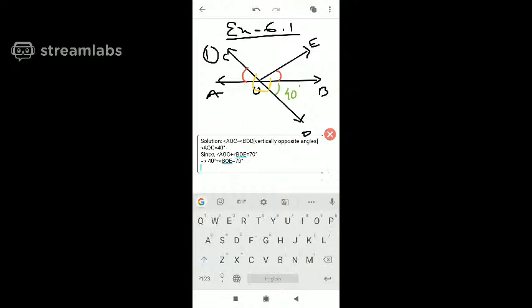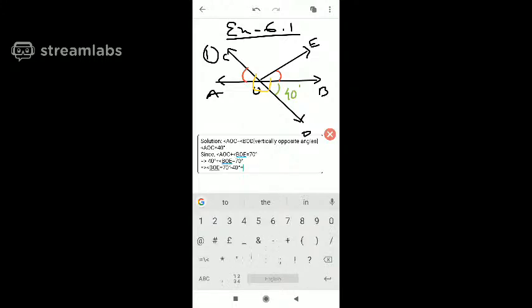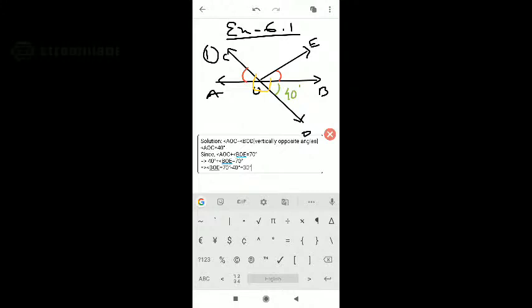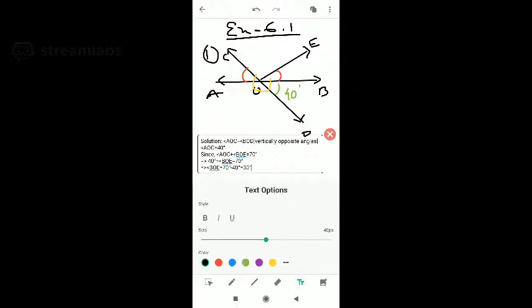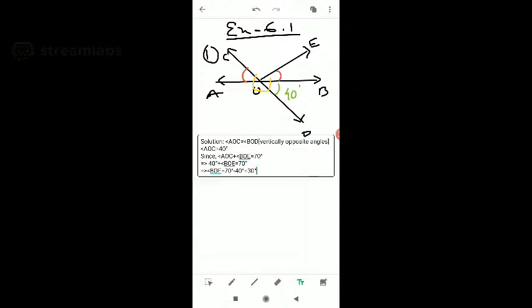Now we can find out, implies BOE equals 70 minus 40 degrees, which is equal to 30 degrees. So we have got BOE as 30 degrees. That means one answer we have got.